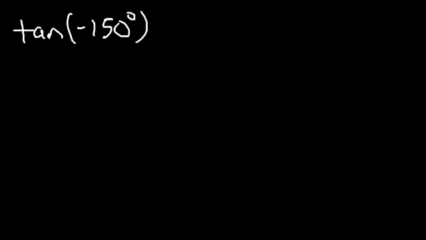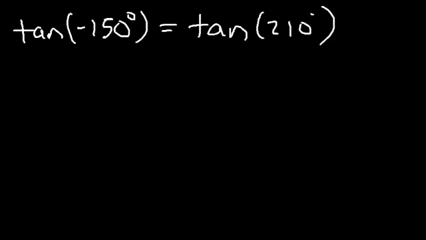To find a coterminal angle, simply add 360 to a negative angle. Negative 150 plus 360 is 210. So negative 150 and 210 are coterminal angles. They occupy the same position on the unit circle.